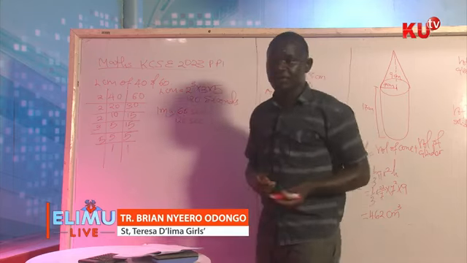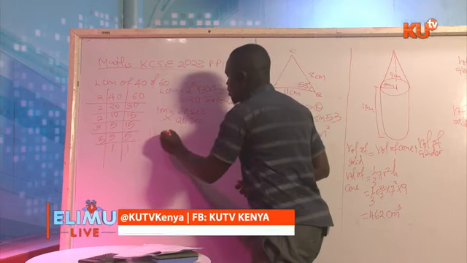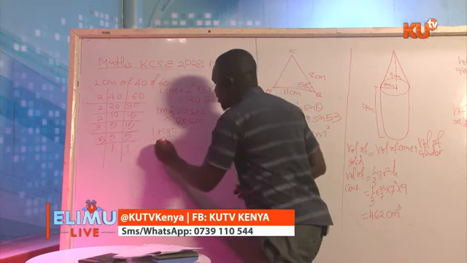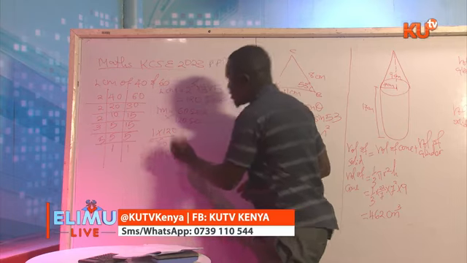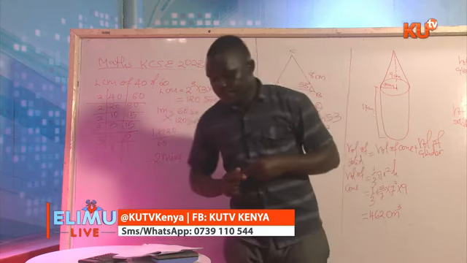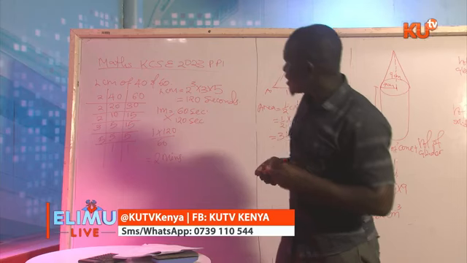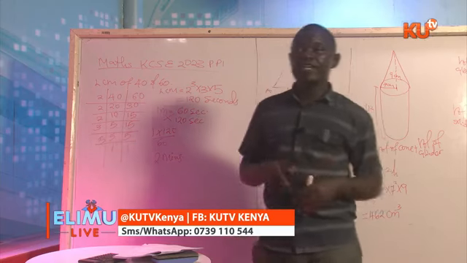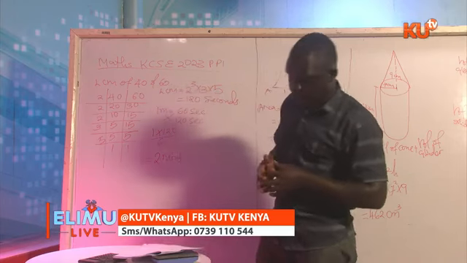So you do cross multiplication. This is 1 times 120 divided by 60. This should give you 2 minutes. That means that these light bulbs will be lighting together after every 2 minutes. So that is how you answer part A.